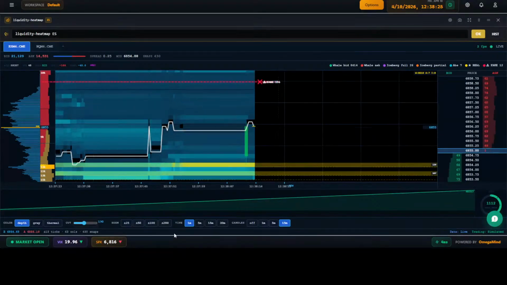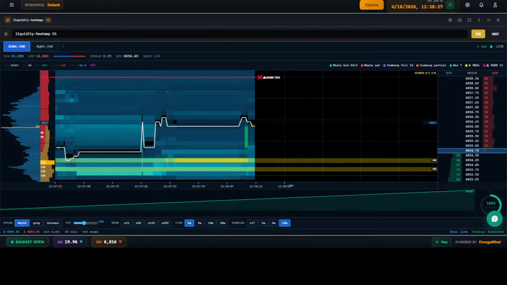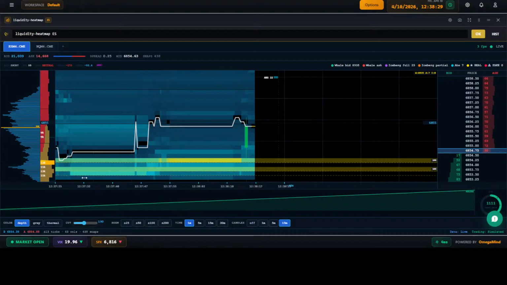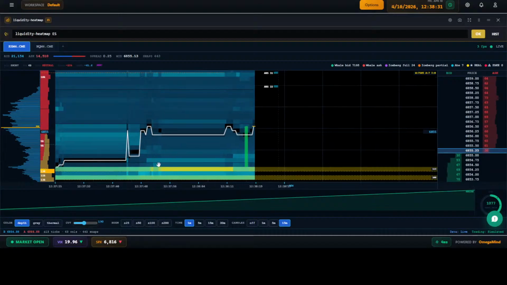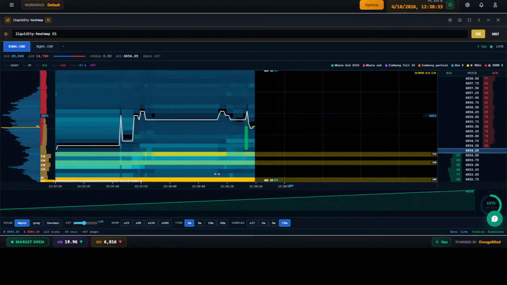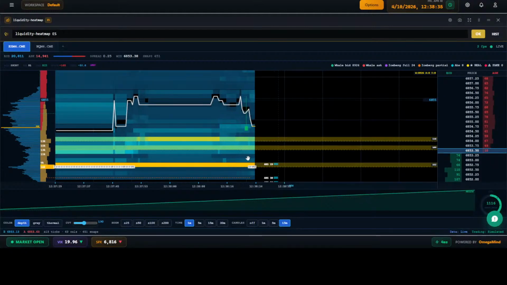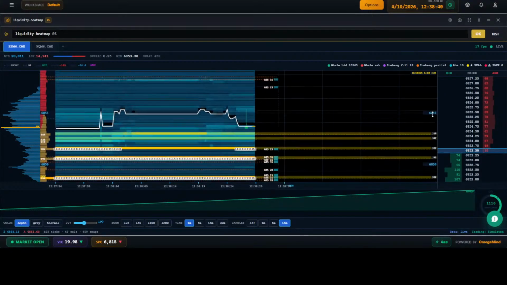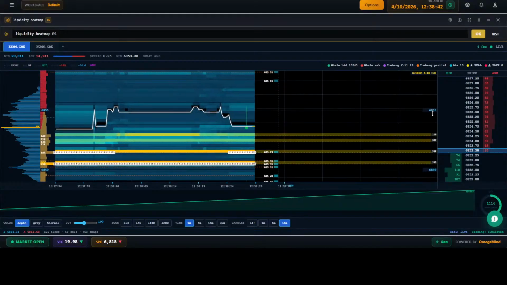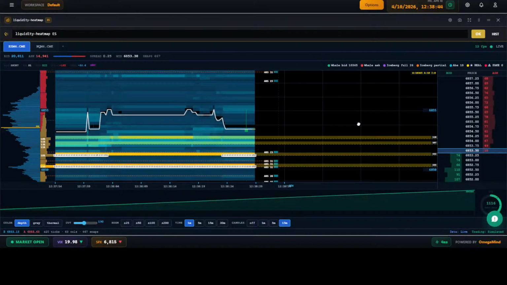See what happened with the price? And then you see this, for a long time, even when you go down. Look. And this, the green one, this is the real liquidity.